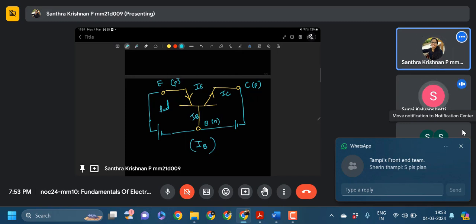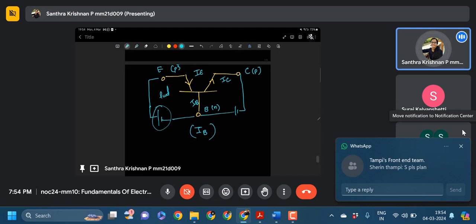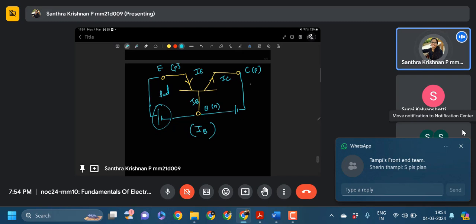Initially, in the forward bias, there are holes here. The holes will be forced to move across, and few of them recombine. Again, they reach the P part in the P plus NP. From P plus, it initially goes to the N part, which is the base. Few of the recombinations happen there. The remaining goes to P.